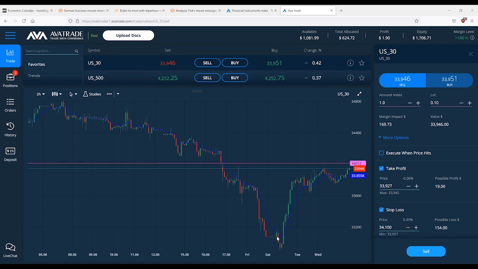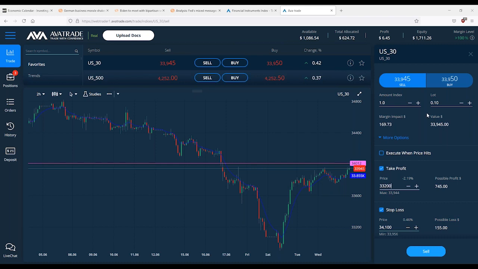Take profit could be down here where it was already down not that long ago, say 33,200. My potential profit is much larger than what I'm risking. My take profit is before the first major support level, and my stop loss is past this major resistance level.